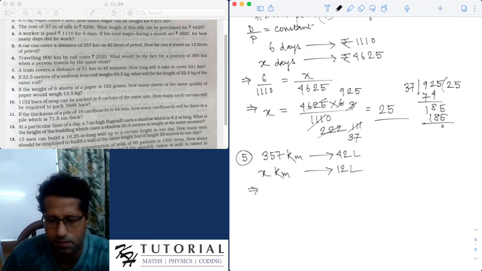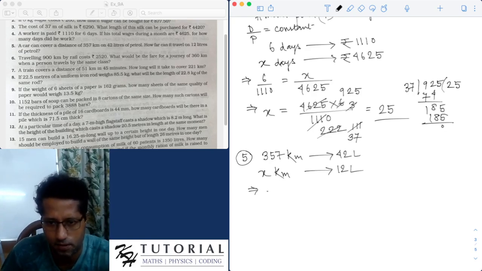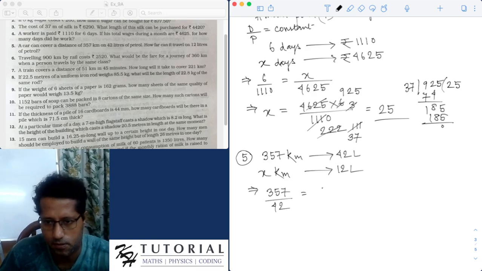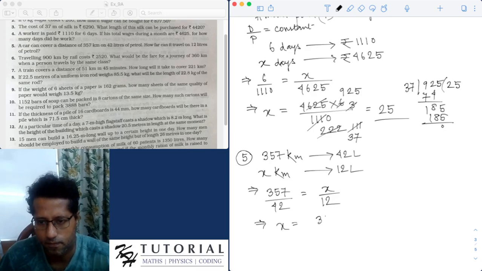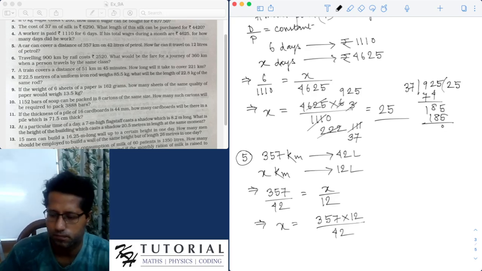So using the concept that the ratio remains the same, we can say 357 by 42 equals x by 12. Now this implies x equals 357 multiplied by 12 divided by 42.